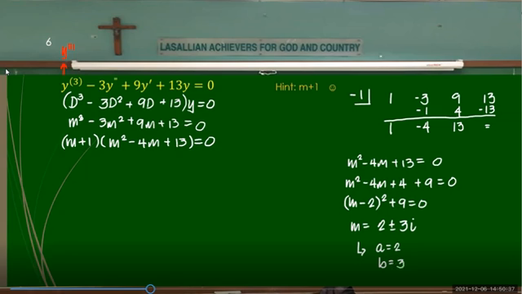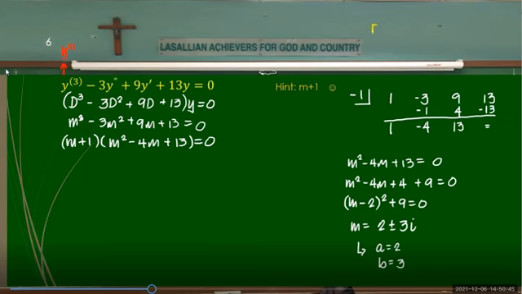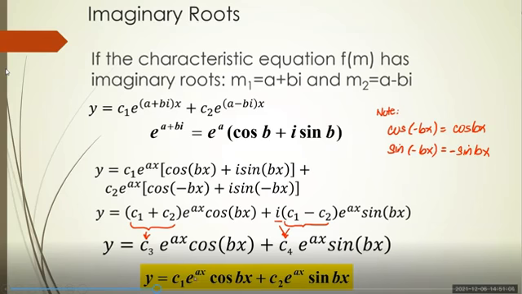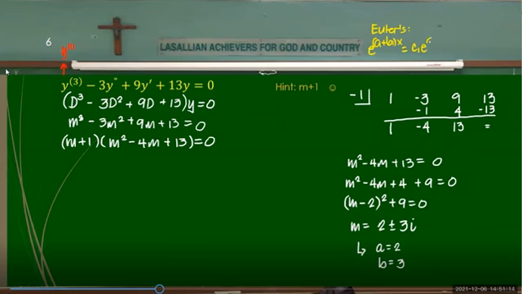And then using Euler's formula, recall Euler's, according to Euler's, e to the (a plus bi)x gives us c1 e to the ax cosine bx plus c2 e to the ax sine bx.